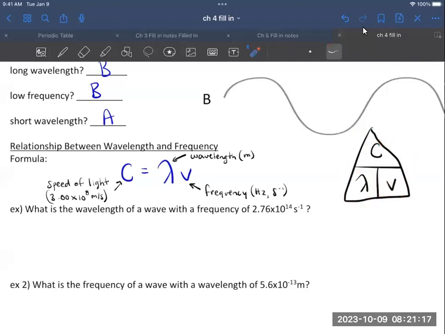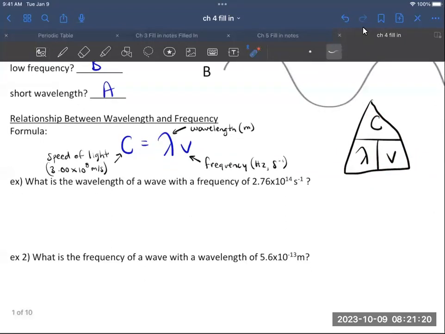So let's take a look at how this formula is used. Let's say we've got a wave. What is the wavelength of a wave with a frequency of this value here? If they're asking us to solve for wavelength, that's this symbol. Like I said before, if we're solving for it, you cover it up, and what's left over is the math you need to do. So we need to do the speed of light divided by frequency.